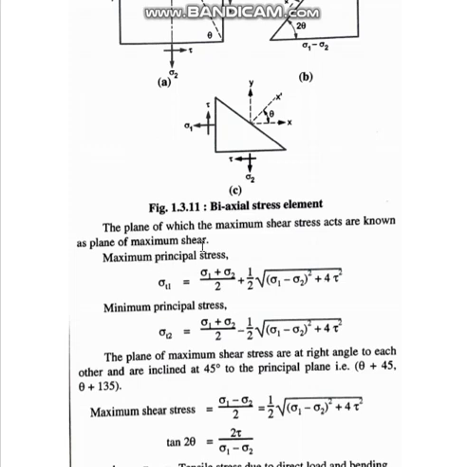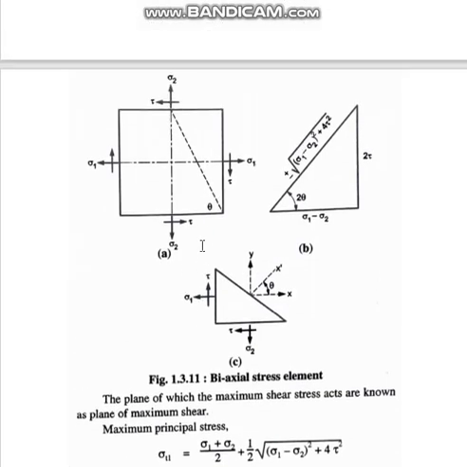Remember, there are principal planes in which shear stress is zero, and there is another plane, mutually perpendicular to these two, called the plane of maximum shear. There only shear stress will be present and no direct stresses. You see here, this oblique plane is given like this.